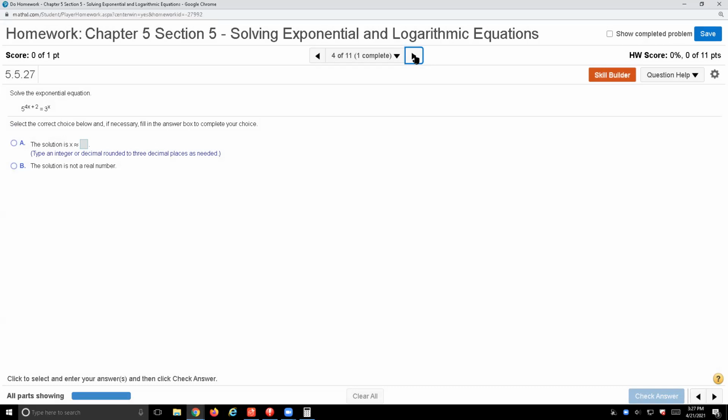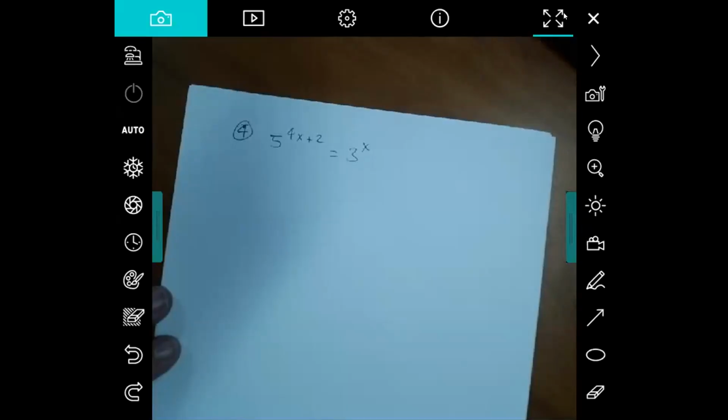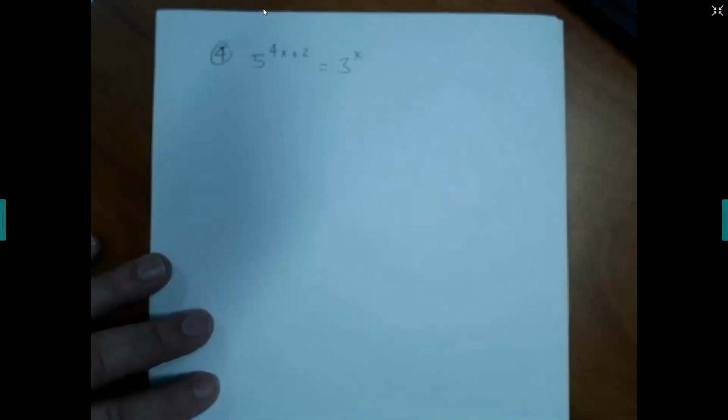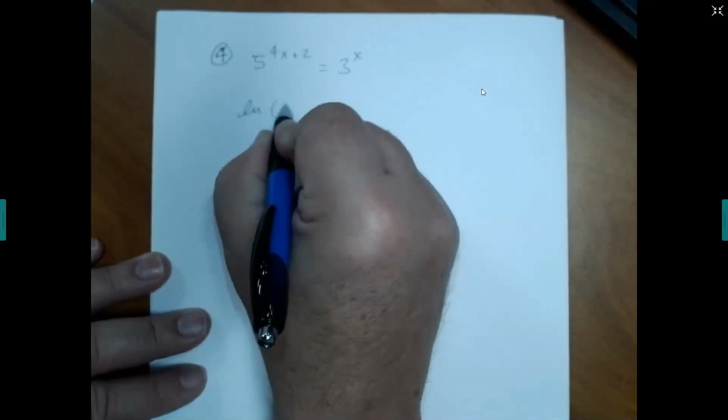5 to the power 4x plus 2 equals 3 to the power x. This is question number 4. So first thing is we have different bases and we can't get them simplified. We take the ln of both sides.